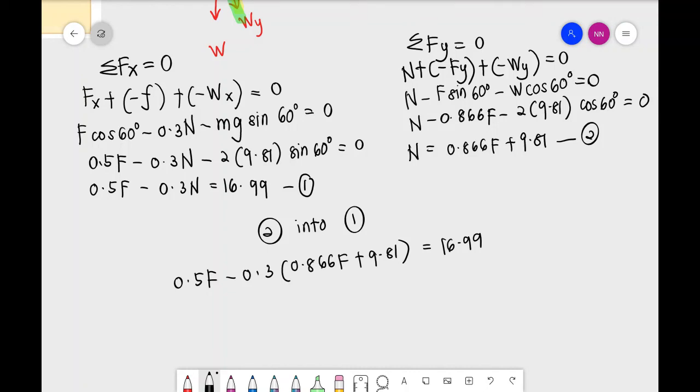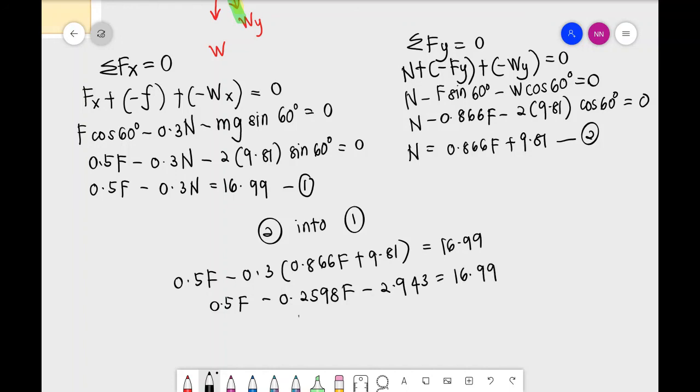0.3 times 0.866. So we have 0.5 F minus 0.2598 F minus 2.943 equals 16.99.